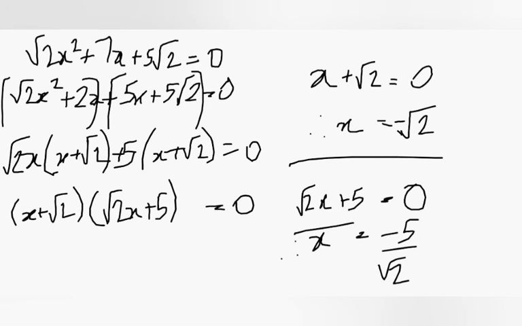I don't need to tell you how I got minus 5 upon root 2 directly. I just used a shortcut. You can also use this. No need to worry about anything.